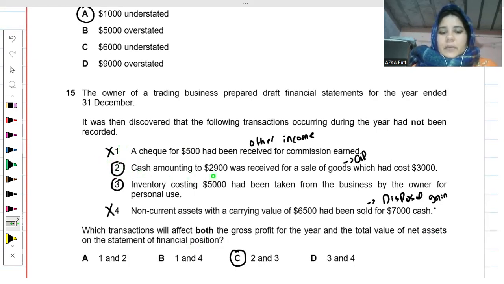Option 2: cash amounting to 2,900 was received for a sale of goods which had cost $3,000.